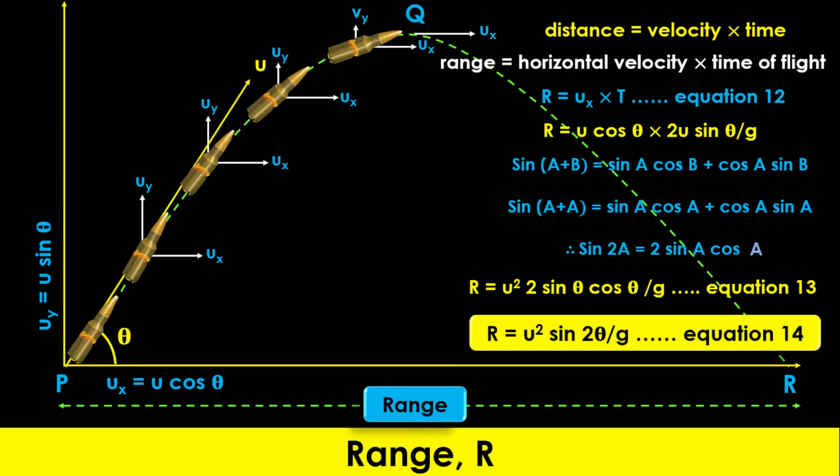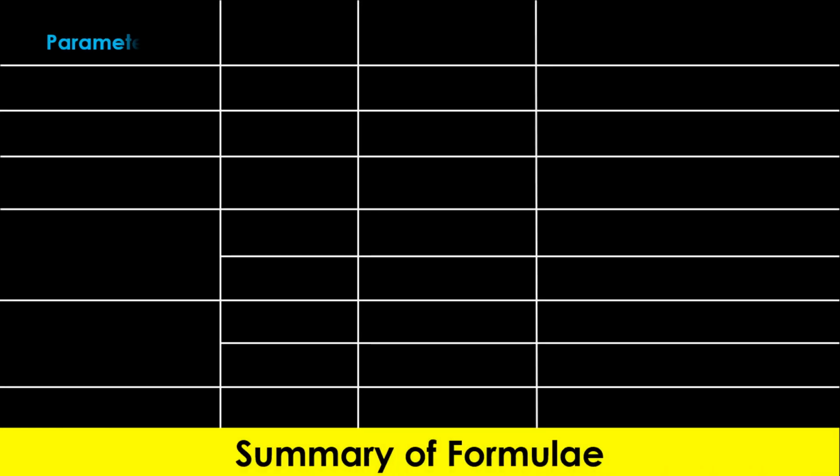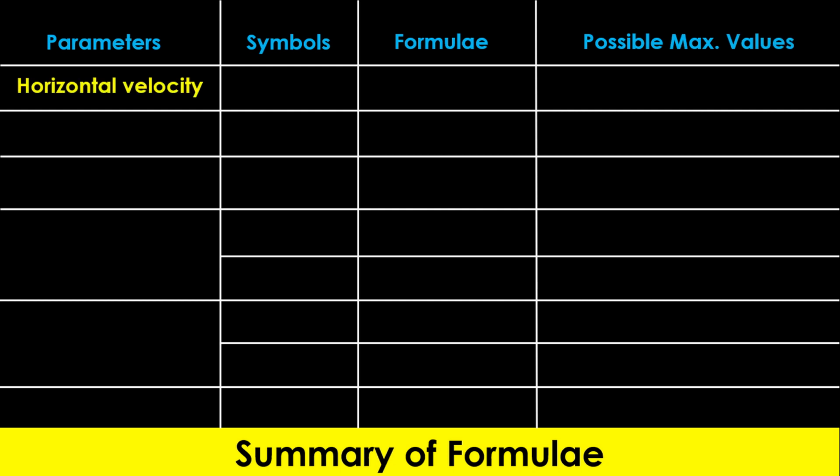Let us now look at a summary of all the formulas we have learnt in this lesson so far, starting with the horizontal velocity. The horizontal velocity ux is calculated as u cos theta, and it is maximum when theta is 0 because cos theta is 1.